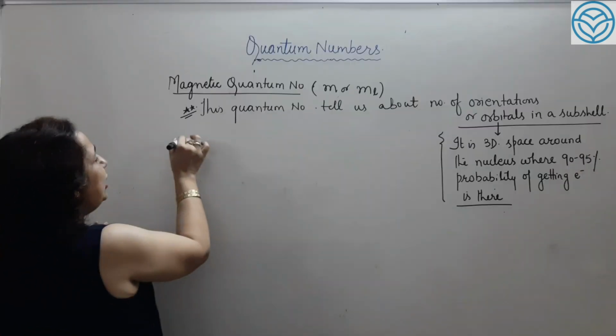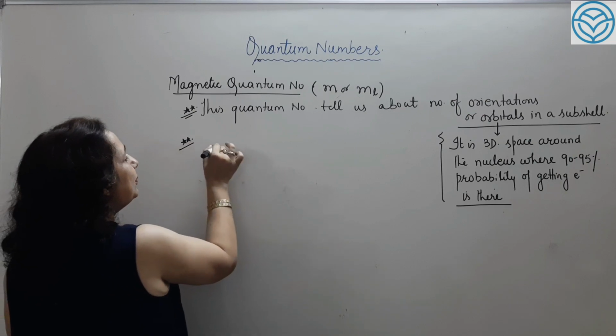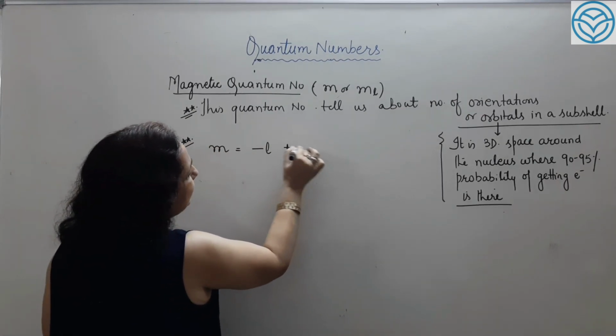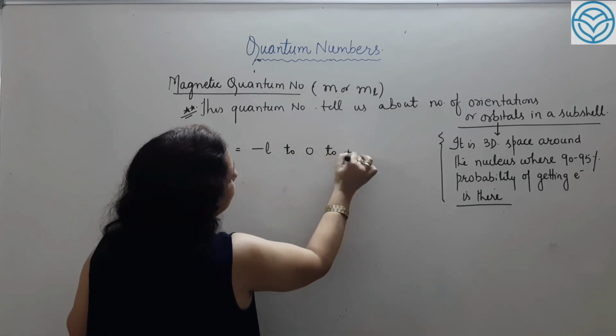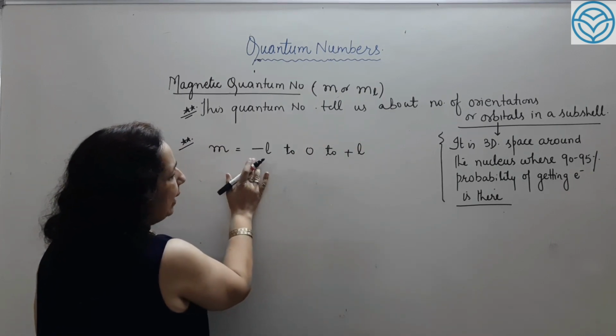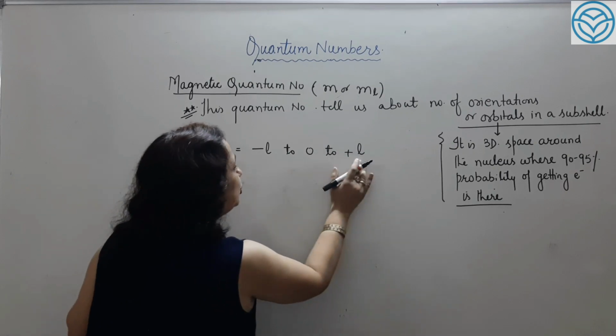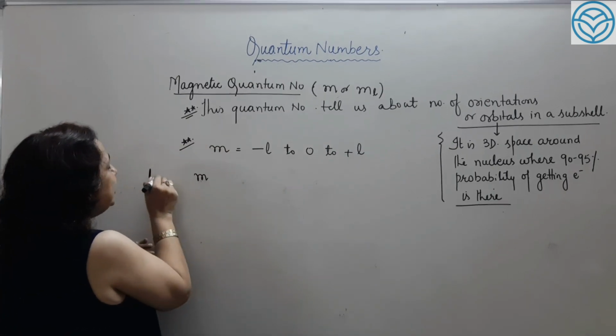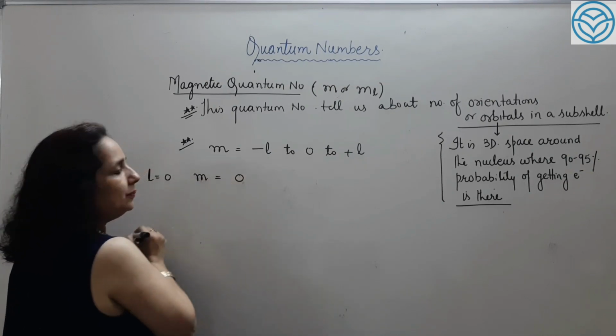Now, the value of M is going to depend on L. It is minus L to 0 to plus L. It means we have to write a number line from minus L to plus L, and that is going to give us the magnetic quantum number. For example, if L is 0, then M is going to be 0.